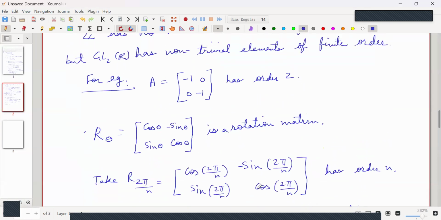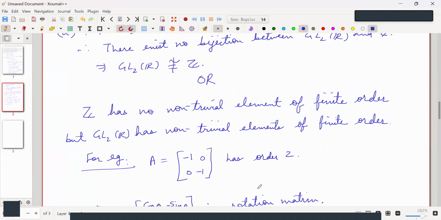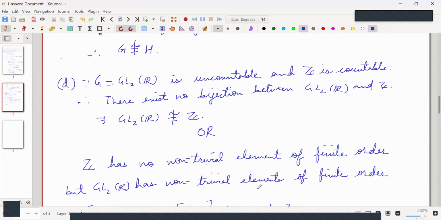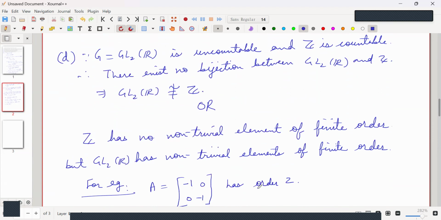There are uncountably many elements of finite order, but Z has no non-trivial element of finite order. So the first argument that you gave was that the groups are countable and uncountable, but in fact, if you just look at the elements of finite order, then that kind of cardinality difference is even more.